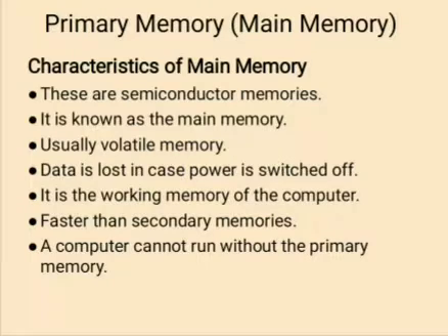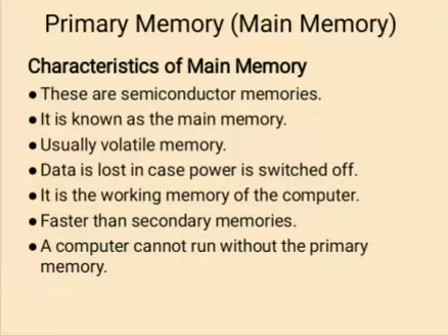It is also known as the main memory, usually volatile memory. Data is lost in case power is switched off. It is the working memory of the computer, faster than secondary memories. A computer cannot run without primary memory.